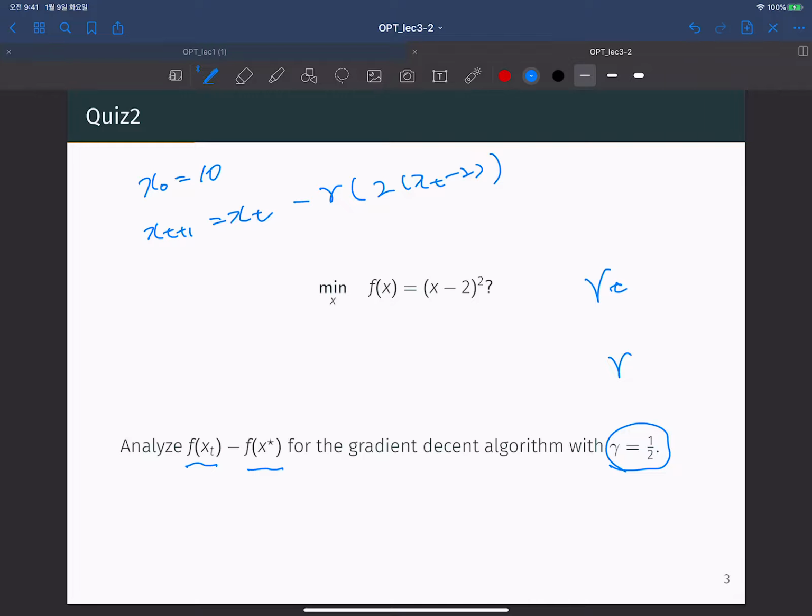And let's assume gamma is equal to 1/2. Then this value is always just 2. Which means with one single iteration, x_1 is equal to 2, x_2 equals 2, and we know that 2 is the solution. So with one single iteration, we can find the solution.